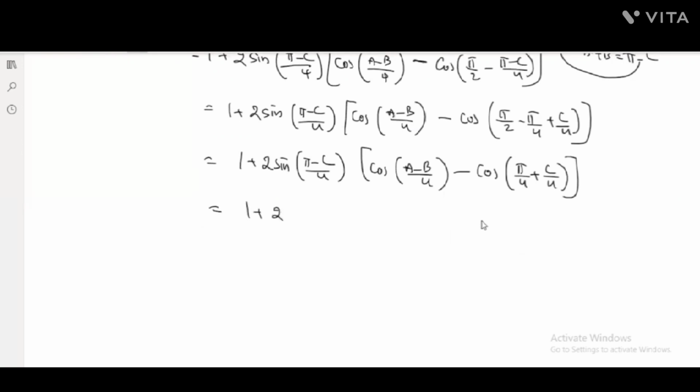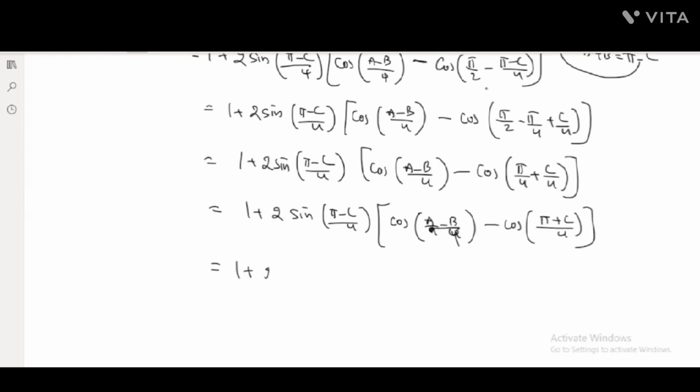So let's see, 1 plus 2 sine pi minus c by 4 into cos of a by 4 minus b by 4 minus cos of pi plus c by 4. Let's write this one a minus b by 4 only, then we can apply the cos c minus cos d formula. This is pi plus c by 4.